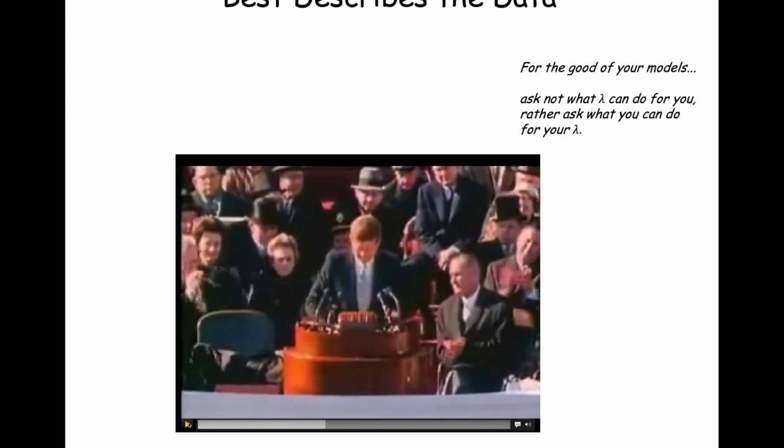And so, my students, for the good of your models, ask not what your lambda can do for you, rather ask what you can do for your lambda. So you will be searching for the best lambda that you can find. So we will end there. Stay tuned. On Thursday, we will finish this conversation.